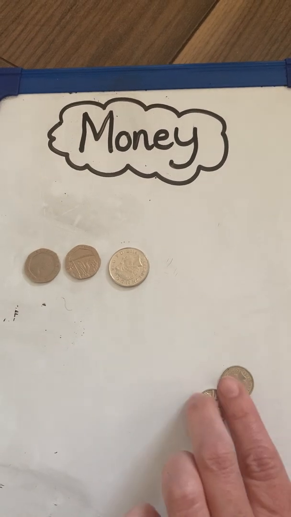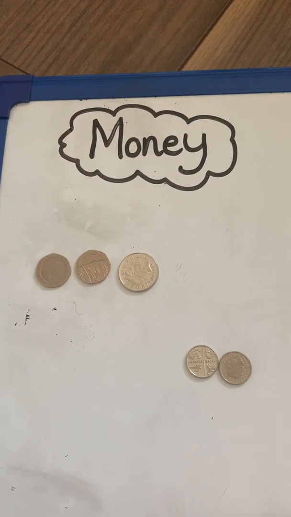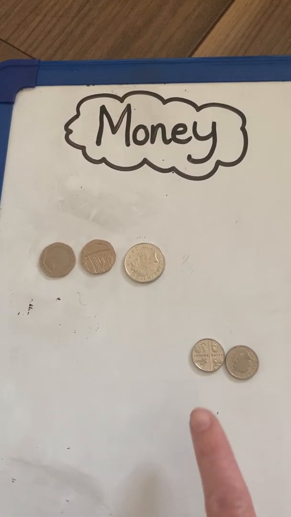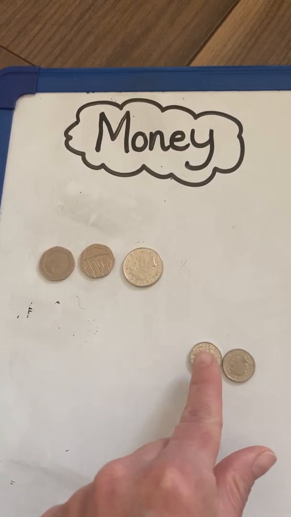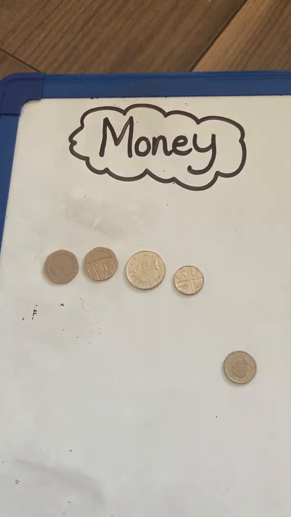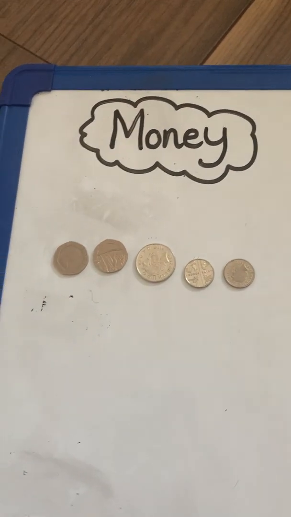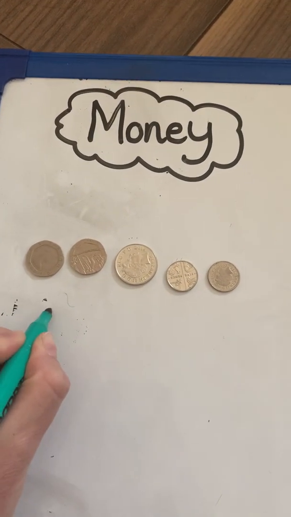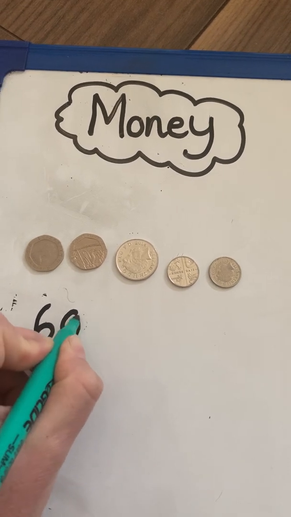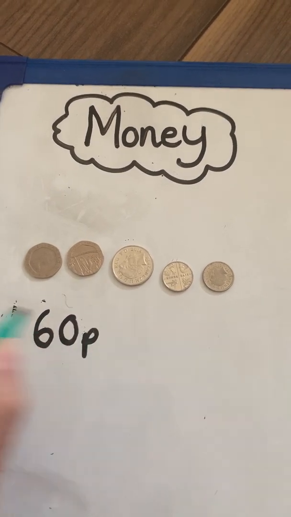And now I'm going to count in 5s to count the rest of the coins. So we've got 50, 5 more than 50 is 55, and 5 more than 55 is 60 pence. So I'm going to write 60 pence on here.